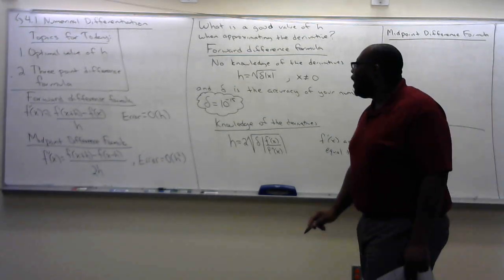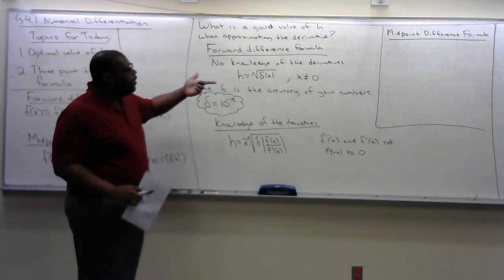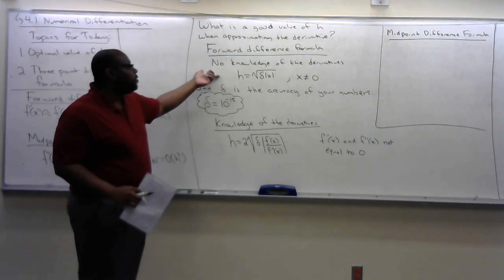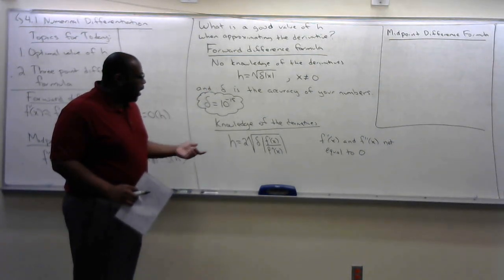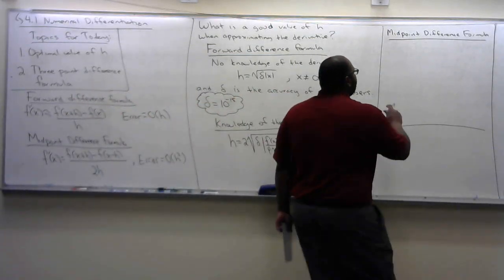I'm not going to worry about the no knowledge of the derivative one. If I'm doing the midpoint difference formula, I just use the same one that I have here. However, suppose I have knowledge of the derivatives.